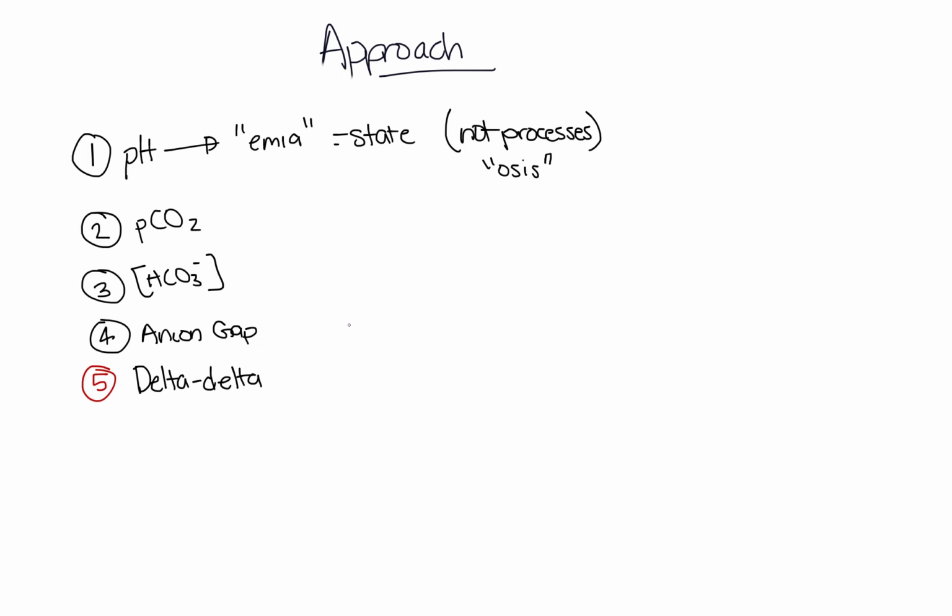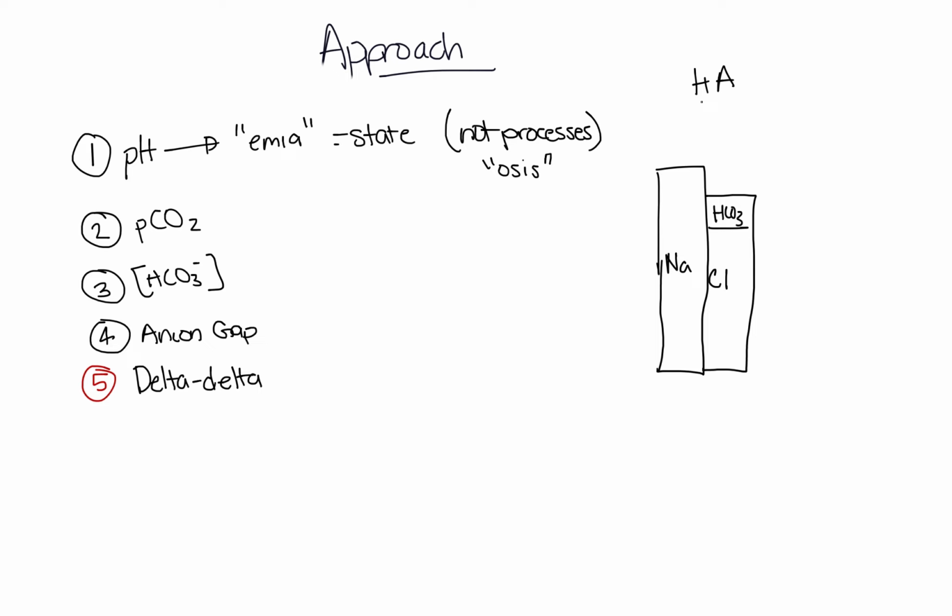So what is the delta? If we go back to our Gamblegram, we recognize that we have the sodium concentration, the chloride concentration, the bicarbonate concentration. And when an acid is introduced into the system, for example, a lactate or a keto acid, what happens is the hydrogen will consume a bicarbonate in order to maintain the pH, and you're left with this negatively charged molecule, an anion.